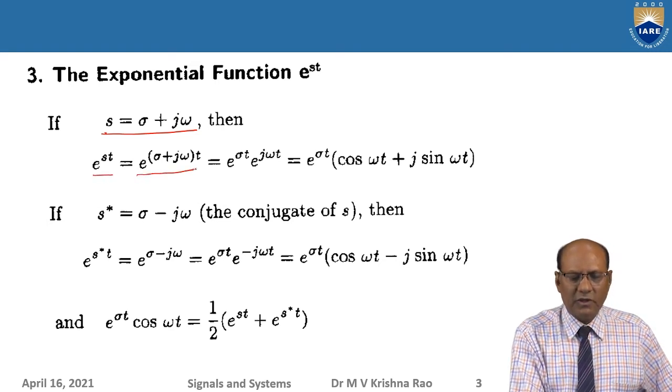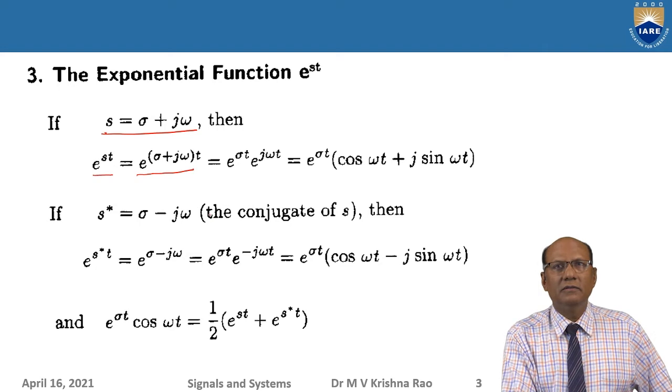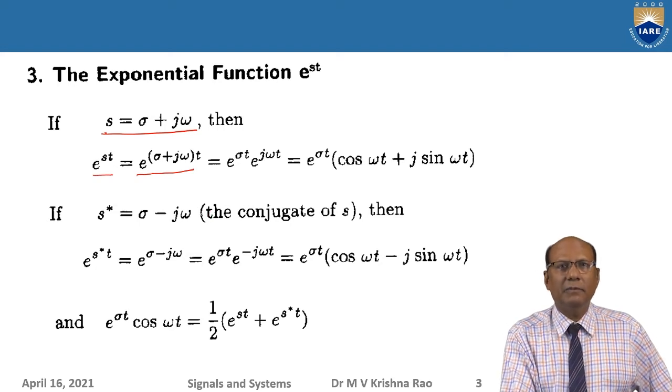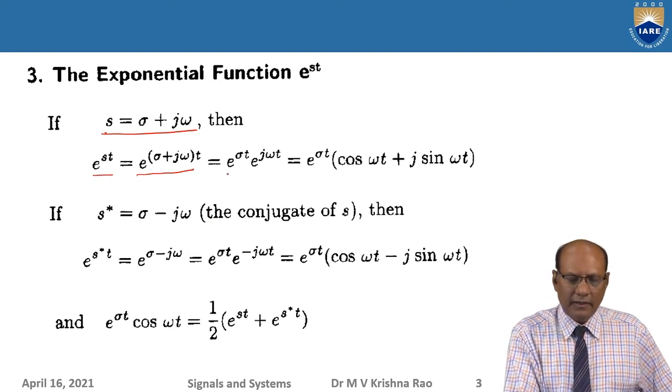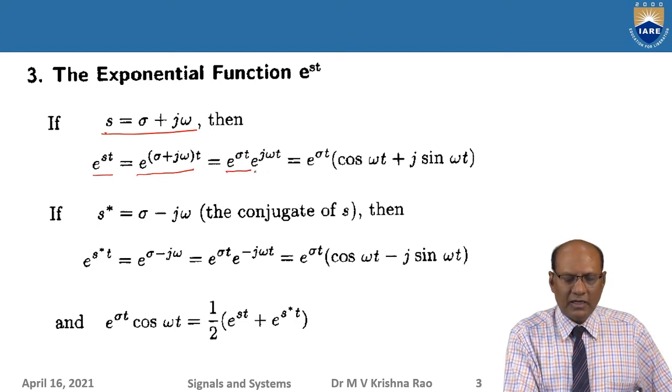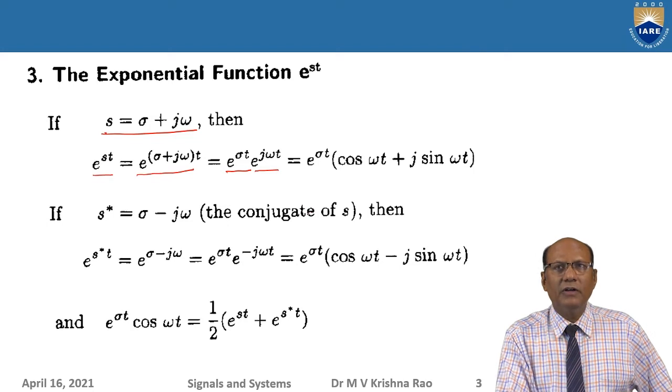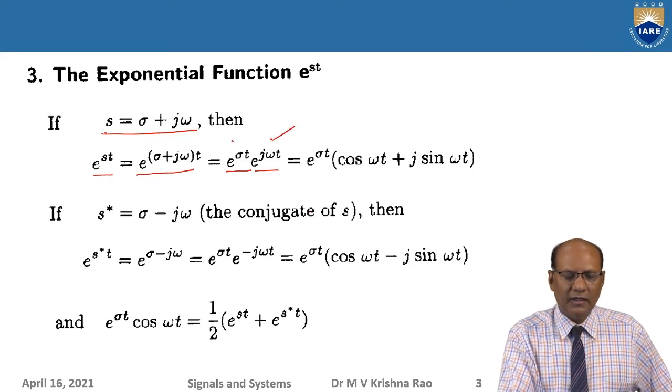Now e to the power of st equals e to the power of (sigma plus j omega) multiplied by t. If I separate this, e to the power of sigma t multiplied by e to the power of j omega t.